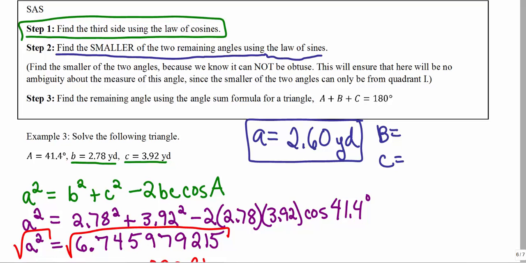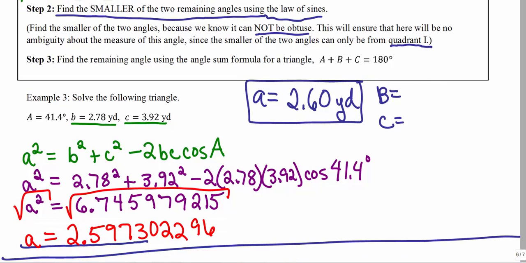If we look for the smaller of the two, we know for sure that the smaller of the two cannot be obtuse. So that means that we're only looking for an angle in quadrant 1. That'll eliminate any ambiguity of should we look in quadrant 1 and quadrant 2. We know for sure that the smaller angle would have to come from quadrant 1 because it's smaller, cannot be obtuse. So we're going to solve for the smaller of the two.